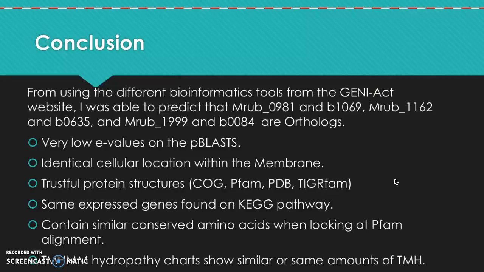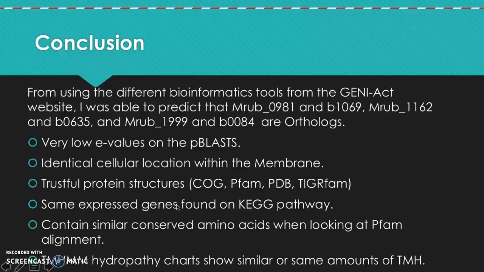There are also trustworthy protein structures, like when we pulled up the COG numbers, all orthologs pulled up the same COG number. All orthologs also came up representing the same protein family, the PFAM, and all orthologs pulled up the same TIGRFAM number.